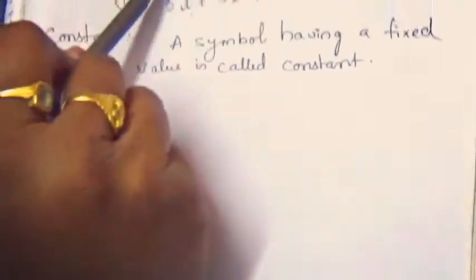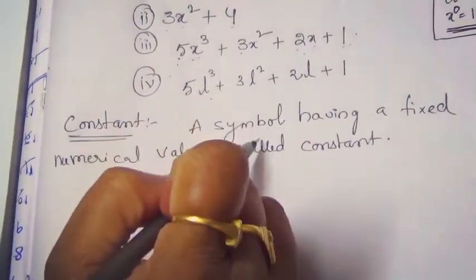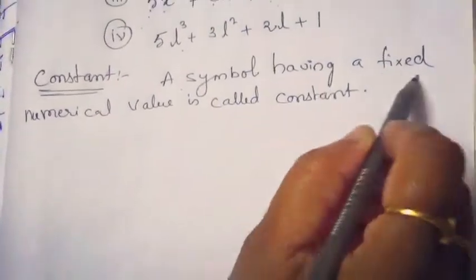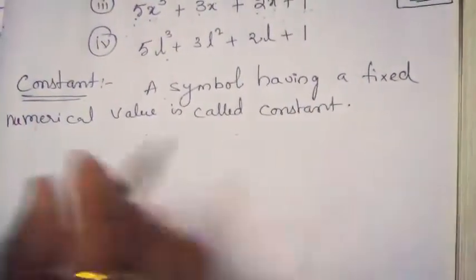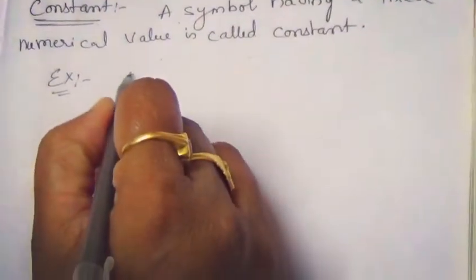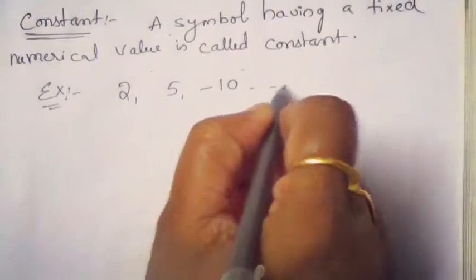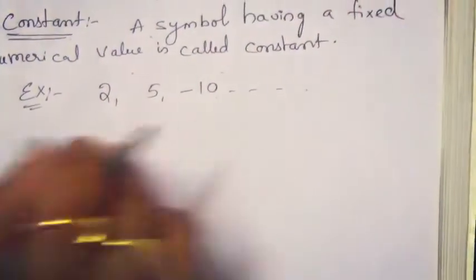Already I said, in the given example 5 is a constant and 3 is also a constant numerical value. A fixed numerical value is called a constant. For example, the constant numbers we can write as 2, 5, minus 10. These are all constant values.